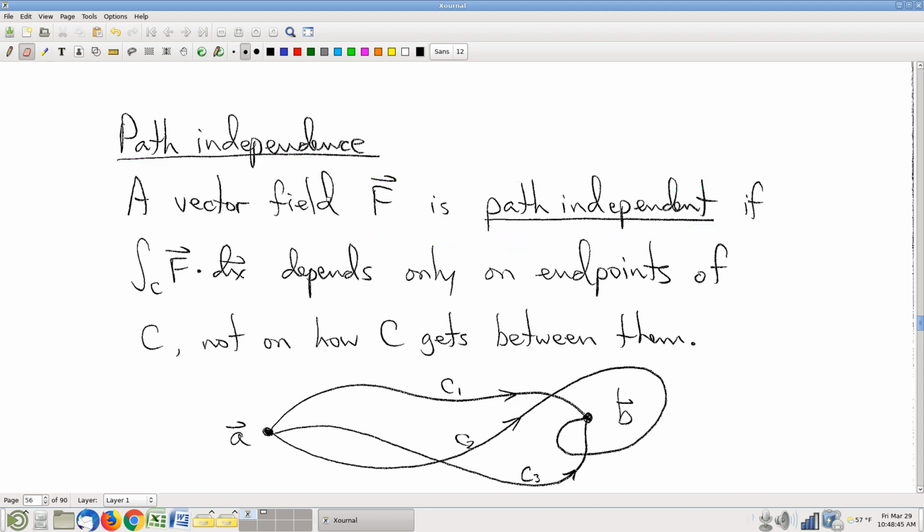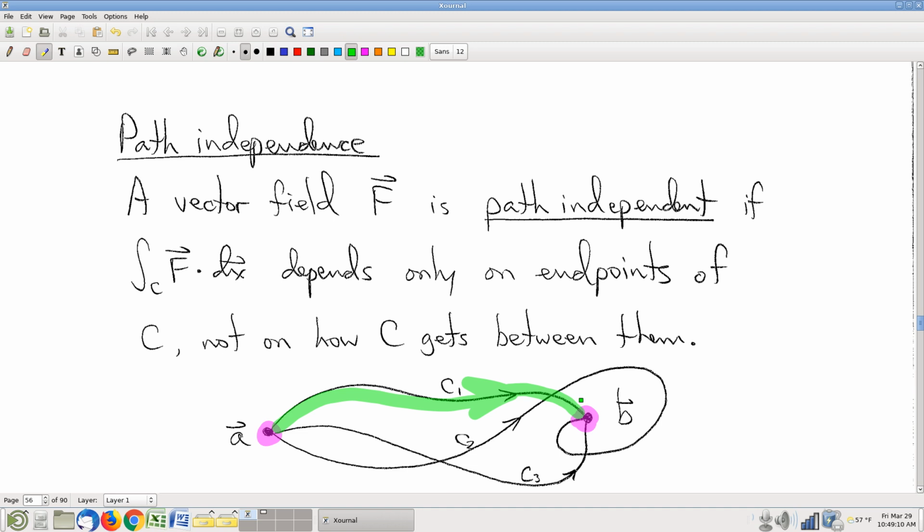Here is the property. If I were to say that a vector field is path independent, here's what I mean. Given any 2 points that I interpret as starting point and end point, I could talk about, for example, what the line integral of that vector field is along that curve.